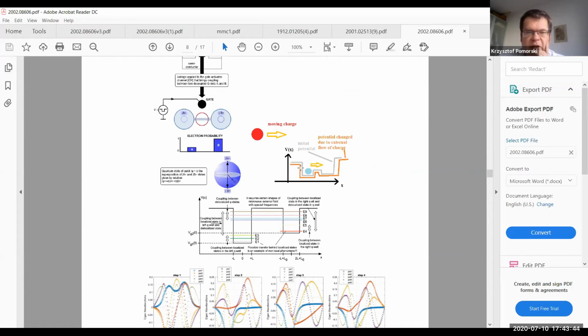Initially the potential was gray, and after the moving charge appeared, the gray potential was renormalized to another, orange potential, and this orange potential has different AP1, AP2, and hopping constant. This explains the phenomenology of these decoherence effects treated by the tight-binding model.